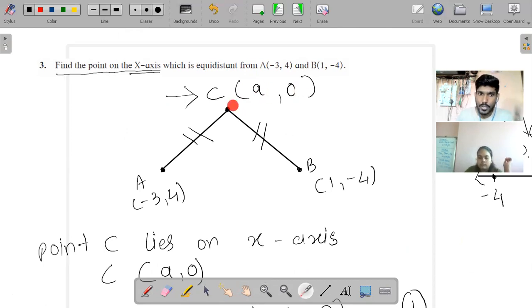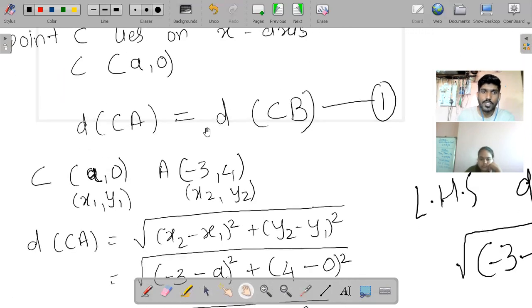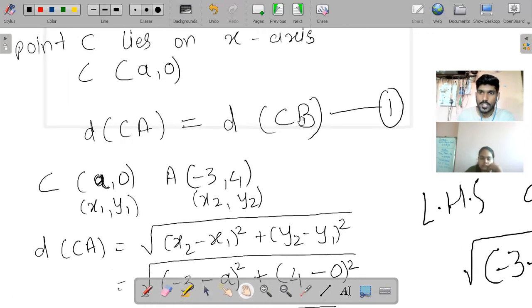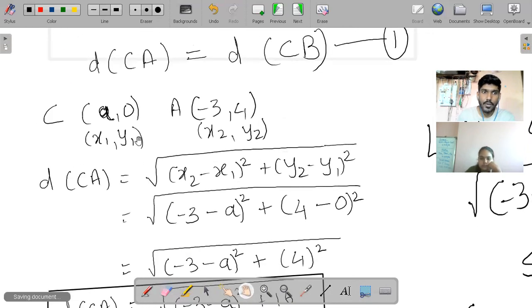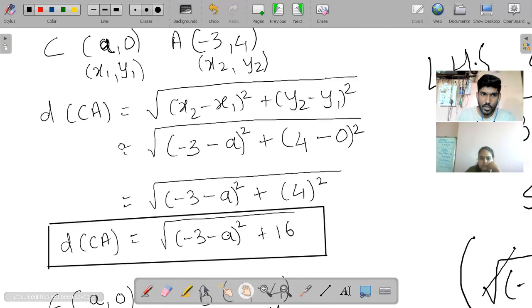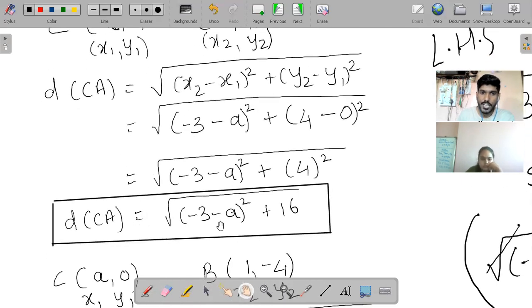And the distance CA and distance CB are the same. So first, distance CA equal to distance CB. We found distance CA using the distance formula, and got minus 3 minus a, the whole square, plus 16.